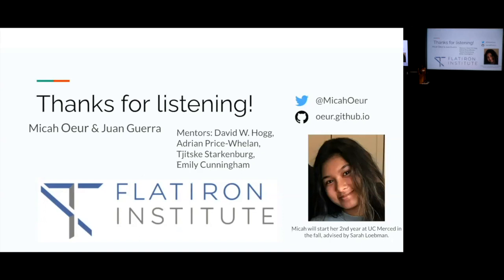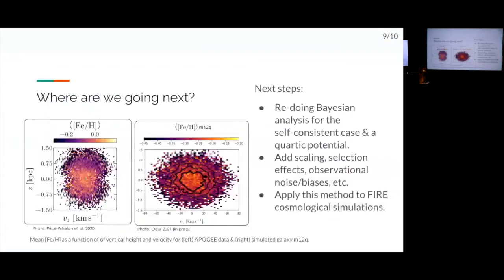Yeah, that was great. I'm just wondering, physically, why is there this correlation between actions and metallicities? Okay, I'm going to go back to the slide that has the diagram that I drew.